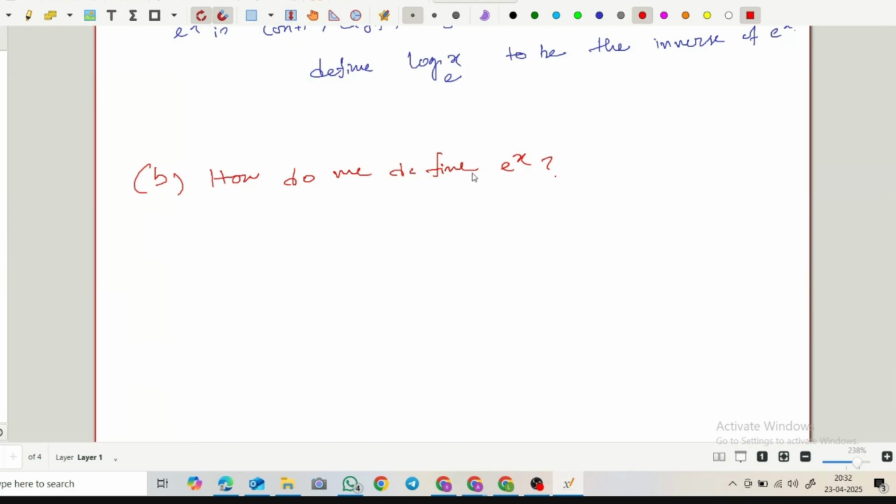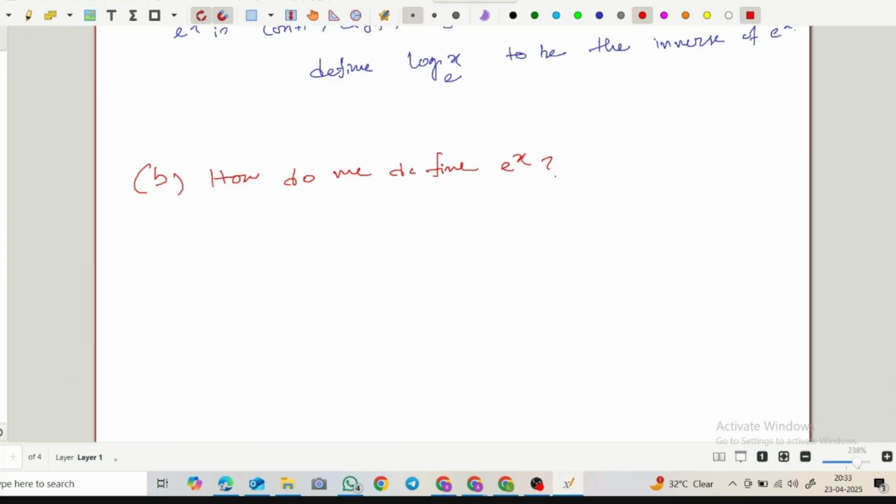Don't tell me to multiply e x times, because that doesn't make sense. How will you define e to the power root 2 or even e to the power pi? Is the question clear? Just think about it for 30 seconds and then tell me whether you think that this question is utter nonsense or not.